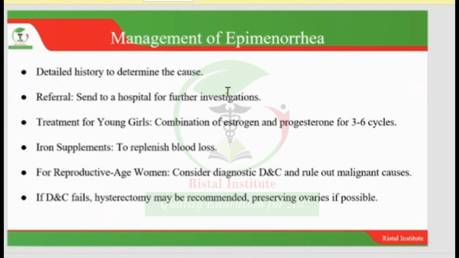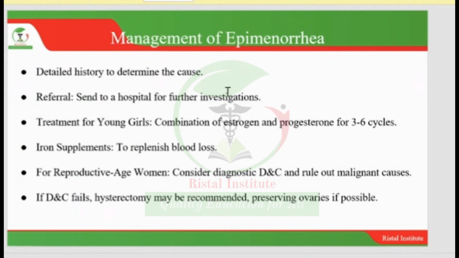Treatment for young girls, combination of estrogen and progesterone can be given to them for 3 to 6 cycles. Iron supplements to replenish blood loss. So, in case the woman has lost lots of blood because the bleeding is coming so frequently, then she can be given iron to boost her red blood cells production.